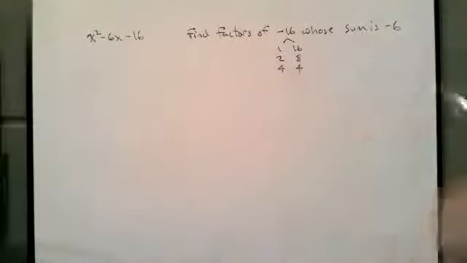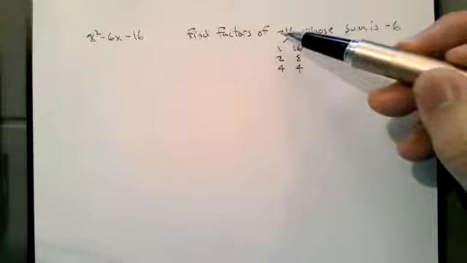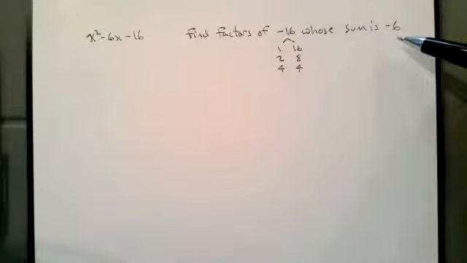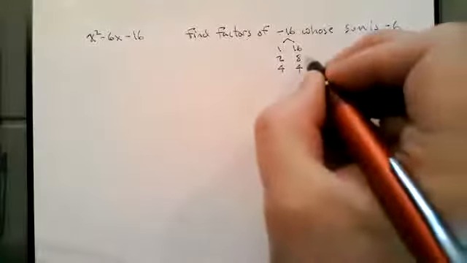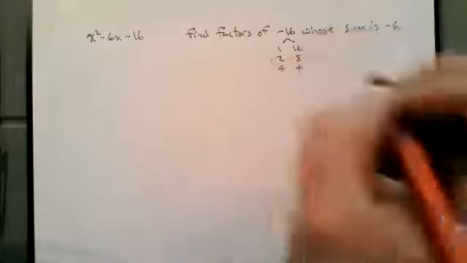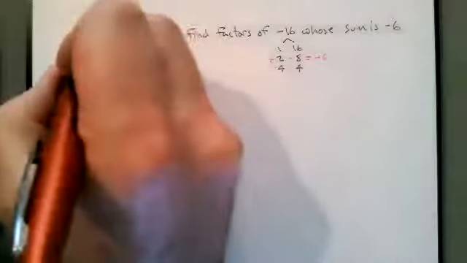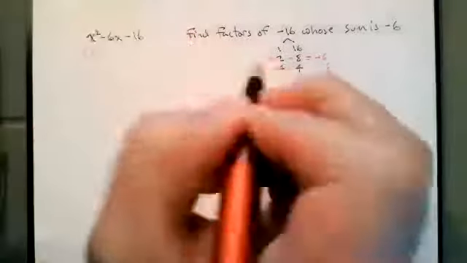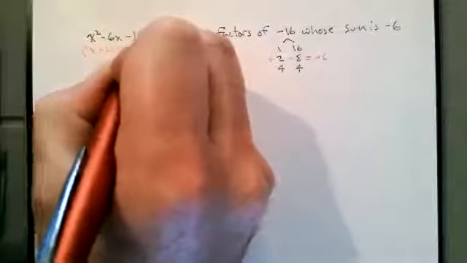These are the integer factors of 16, and I know I'm done because I've reached 4 times 4 and wrapped around. I have to make sure I have different signs because they multiply out to negative 16, and the sum is going to be negative 6. So 2 and 8 can be combined to a negative 6 if I make a negative 8 and a positive 2. That tells me one of my factors will be x plus 2, and my other factor will be x minus 8.